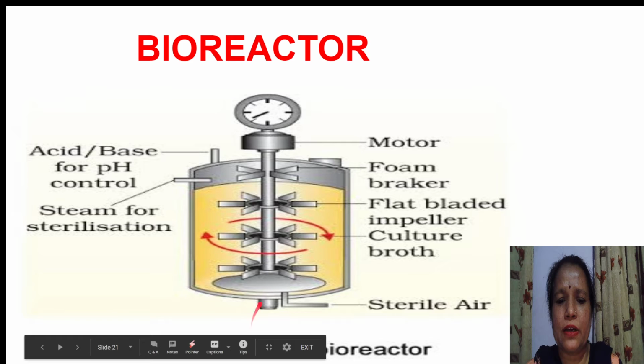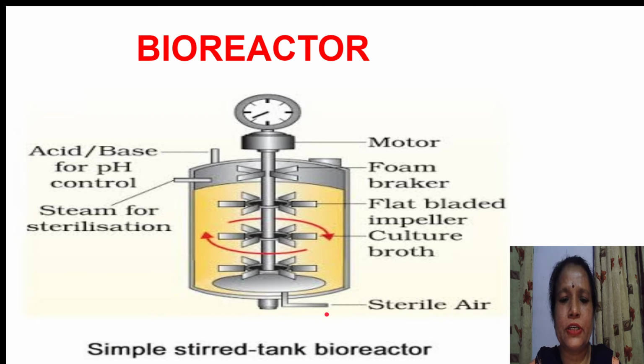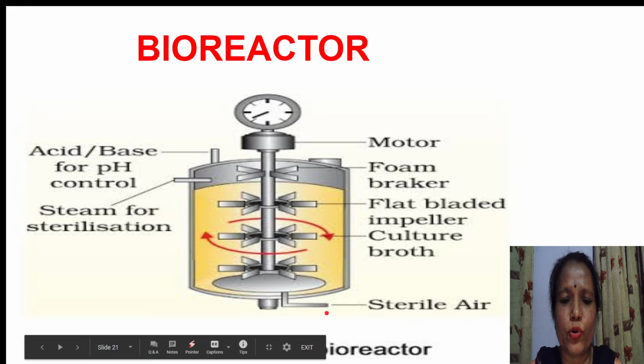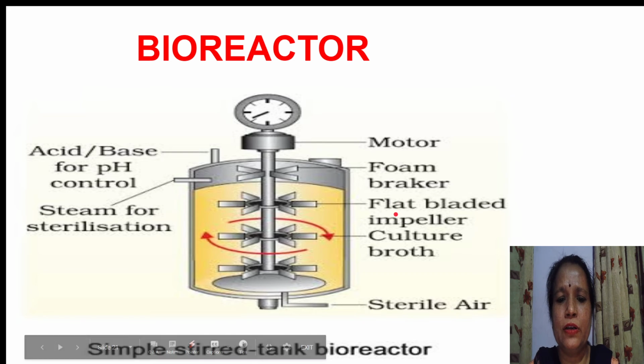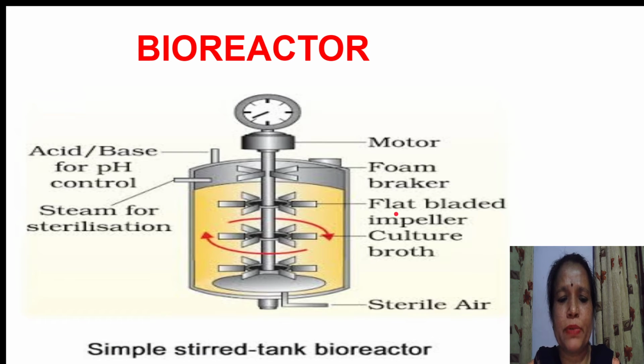Then there is an effluent pipe, the harvest line, by which we can obtain the products, the desired gene or the desired products in the form of proteins, which are obtained from this harvester line. So this is a complete structure of a simple stirred tank bioreactor.